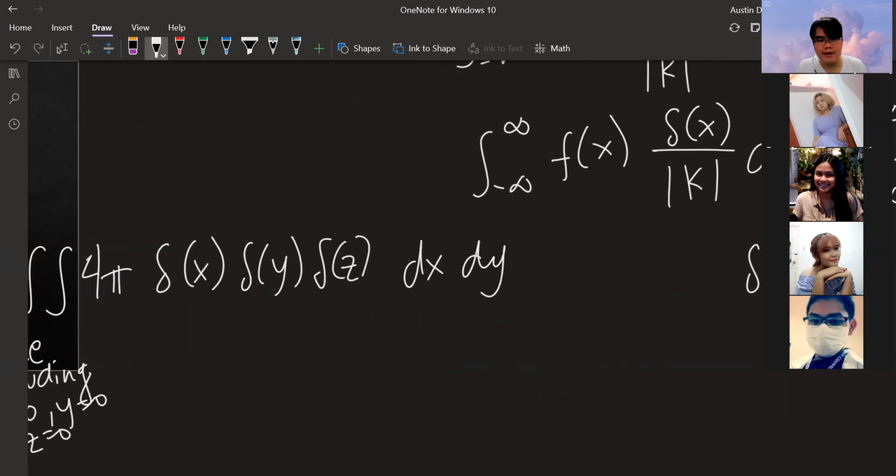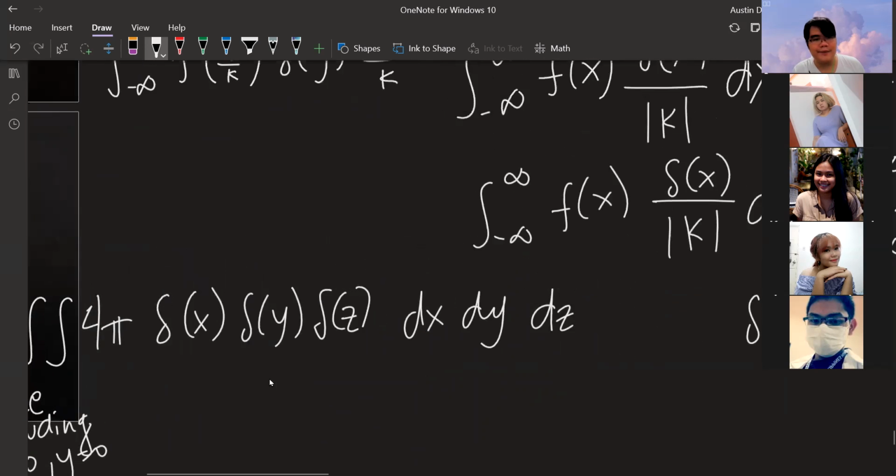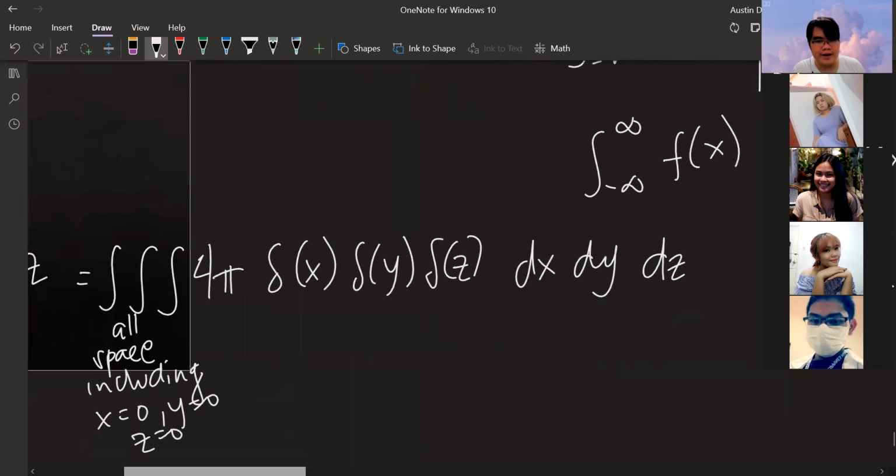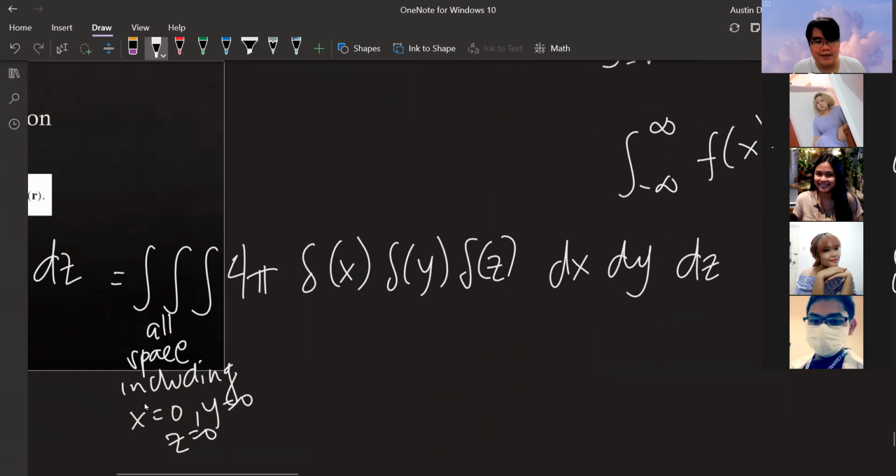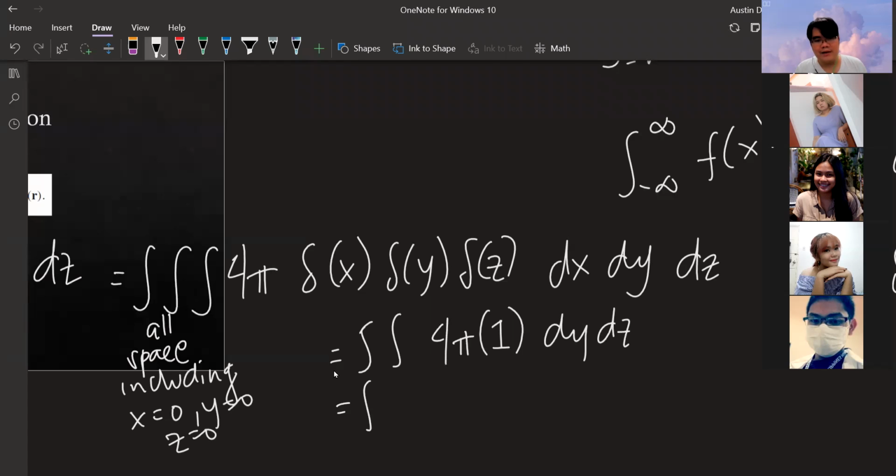That's dx, dy, dz. And since yung mga dx ko, dy, dz, they're all integrating in space and madadaanan nila si 0. So this is just equal to 4 pi times 1 times 1, then dy, dz, 4 pi times 1 times 1, dz, 4 pi times 1 times 1 times 1.